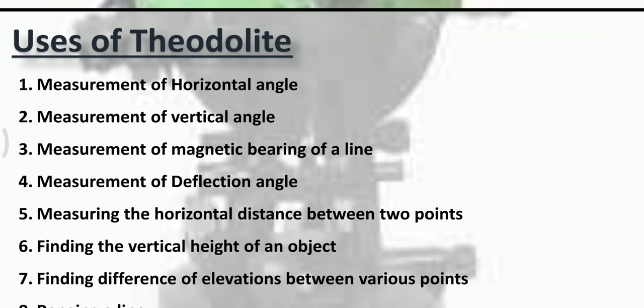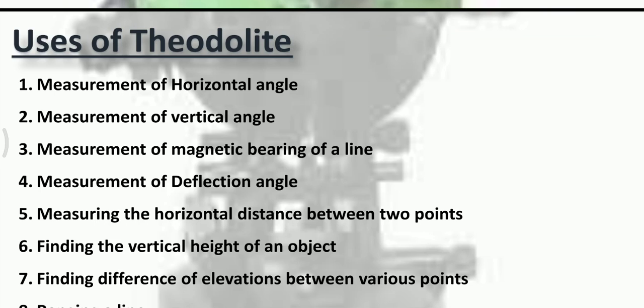As we know, there are some limitations of the prismatic compass such as magnetic declination and local attraction. Such types of errors do not occur in theodolite surveying. Next use, measurement of vertical angle. Horizontal angle as well as vertical angle we can measure easily with the help of the theodolite.